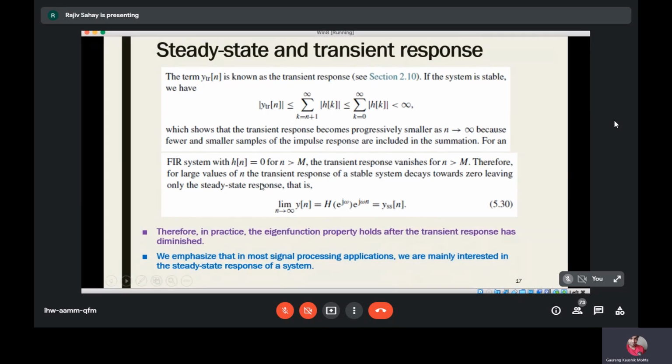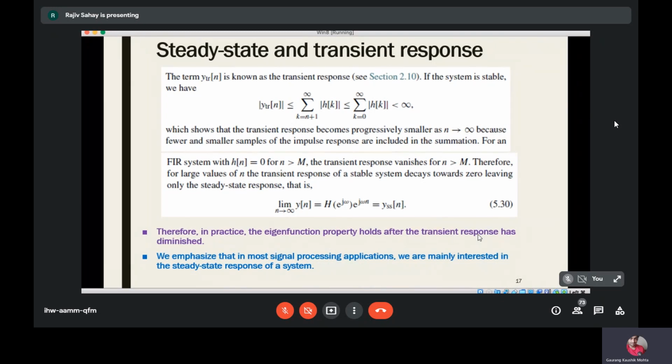So for large values of n, the transient response of a stable system will decay towards 0, leaving only the steady state response. So limit n tends to infinity, y of n will be the steady state eigenfunction property based value. So the eigenfunction property holds after the transient response has diminished.